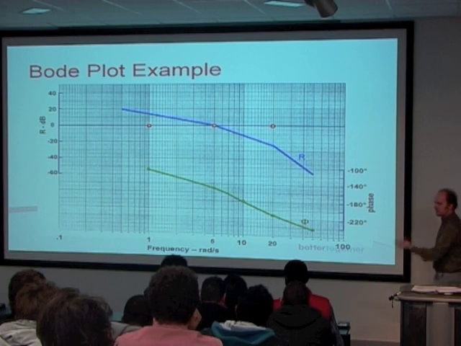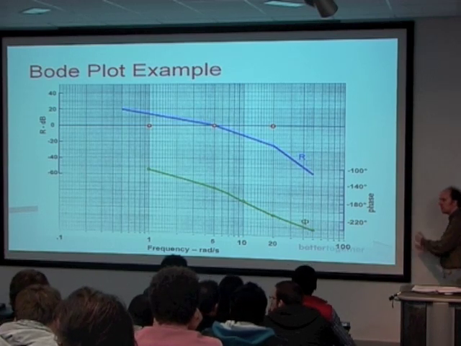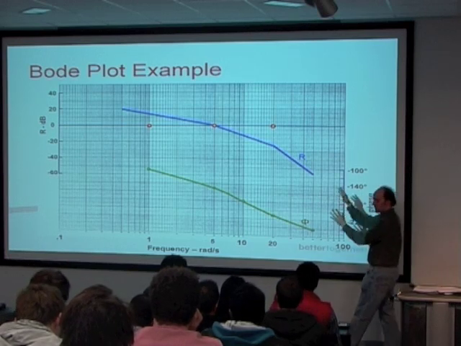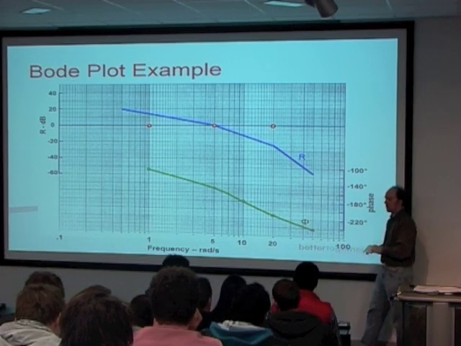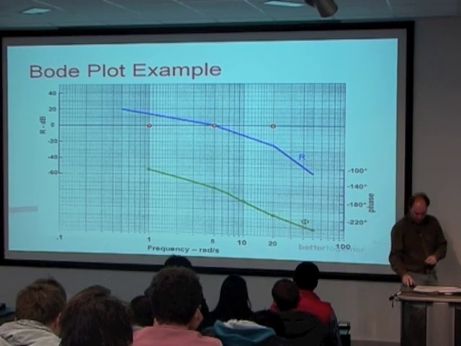Right, so that's how to construct a Bode diagram. Now we're going to go in the opposite direction. We're going to be given a Bode diagram, and from that we need to work out the transfer function. So this was taking the constituent parts of the transfer function, breaking it down, and plotting on the Bode diagram. Now we're going to look at the Bode diagram and go the other direction.